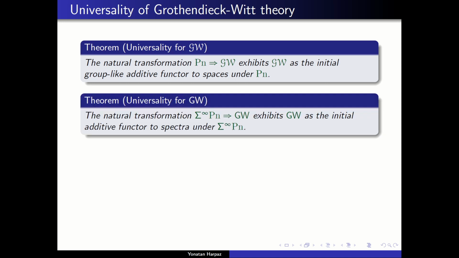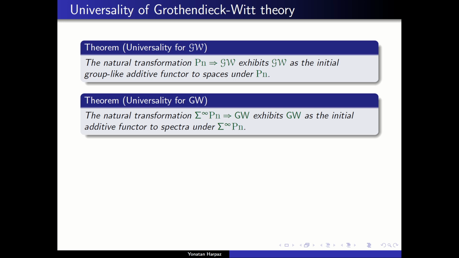The second theorem is a universality statement for the GW spectrum, which says that the natural transformation from the suspension spectrum of Pn to the GW spectrum exhibits the GW spectrum as the initial additive functor to spectra under the suspension spectrum of Pn.